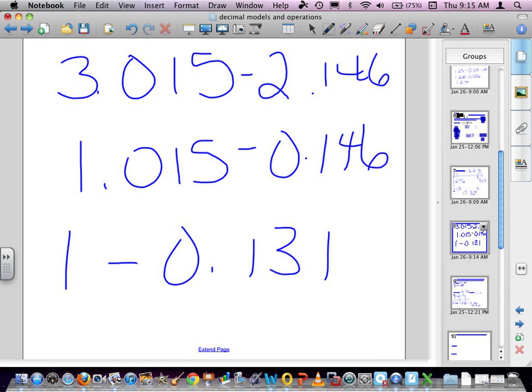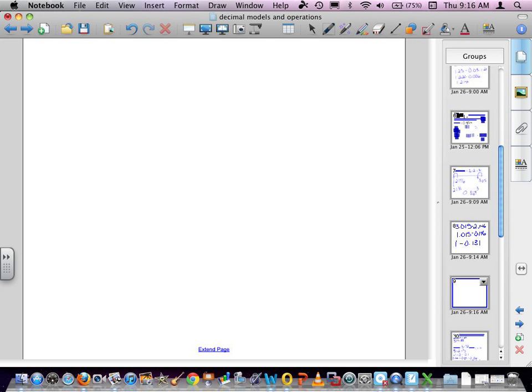Okay. So the point of this conversation, though, is that if we have good understanding of place value, the operations come out. If we don't, it's going to be problematic. I probably have told you this story before, but I had kids who wrote this recently.